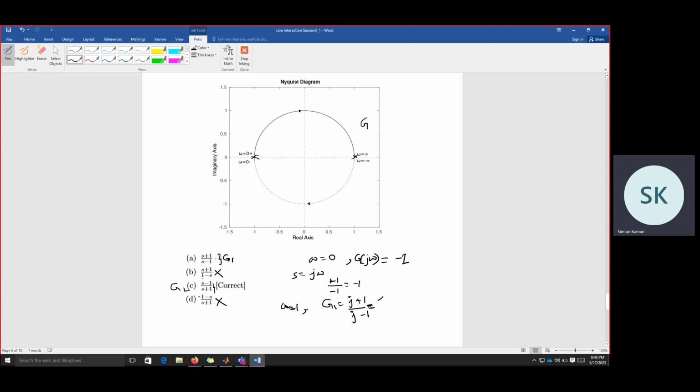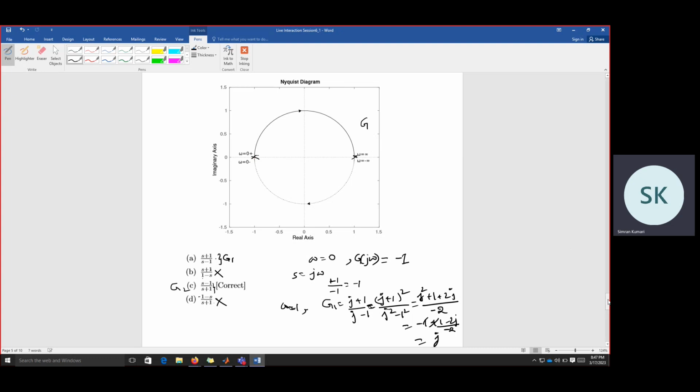So we just multiply by (j plus 1), whole squared, over j squared minus 1 squared. This will be j squared plus 1 plus 2j, by minus 1 and minus 1, so this will be minus 2. This is minus 1 plus 1 minus 2j. What is this giving? This is giving j.